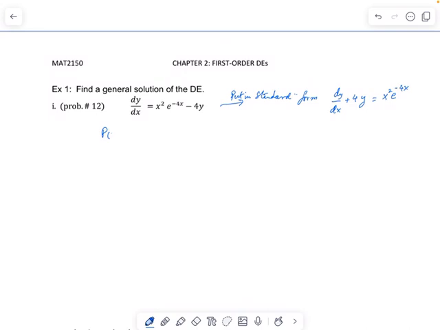Now you notice here that p of x, or just p, is 4, because it is whatever is being multiplied by y. And q of x is the thing on the right hand side, x square e to the minus 4x, that is your q of x.